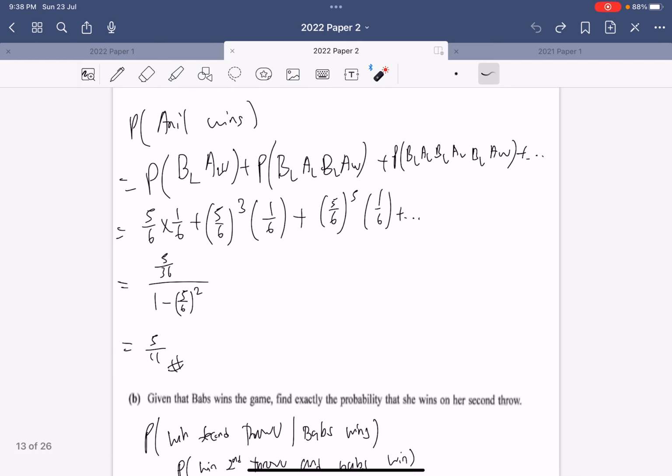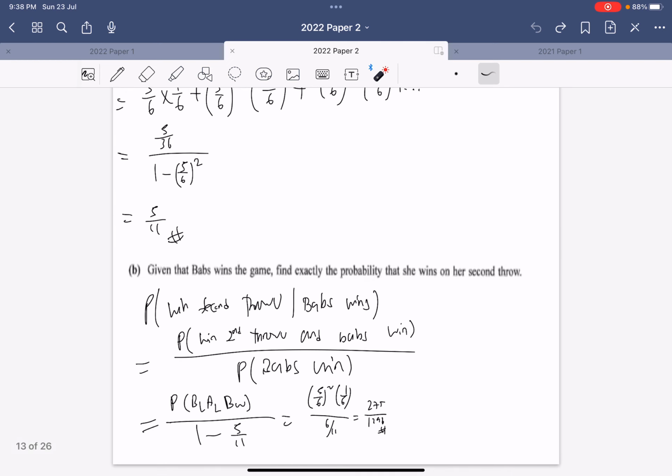Now, given that Babs wins the game, so now you're given a condition. So you need to think in conditional probability now. And we're supposed to find exactly the probability that she wins on her second throw. So the probability you win on the second throw given Babs wins. So this is what I like to practice, is give the question, straight away write down what you need to find.